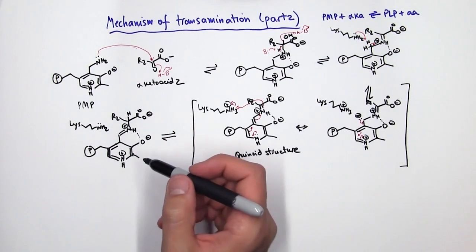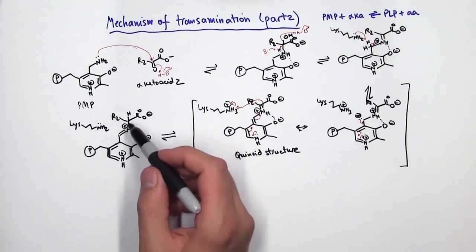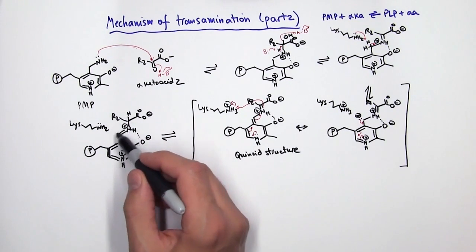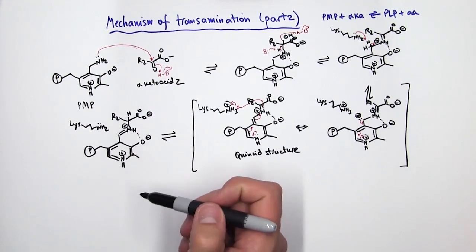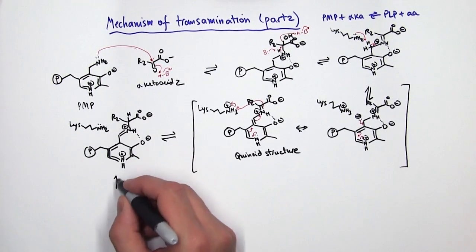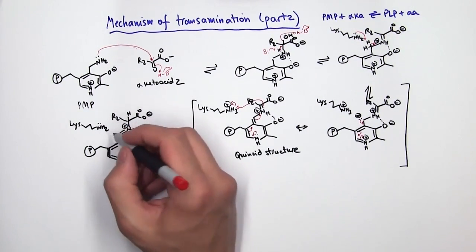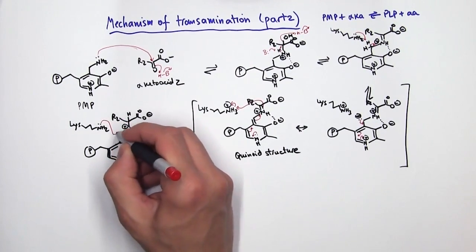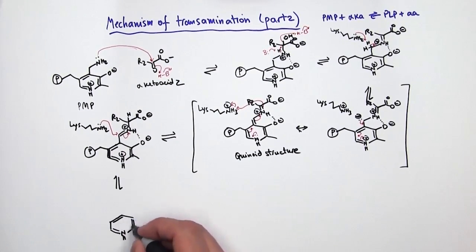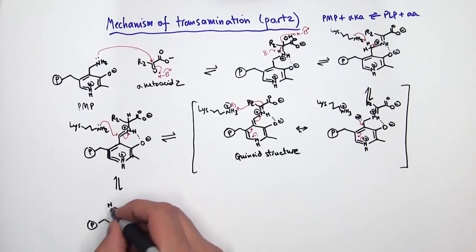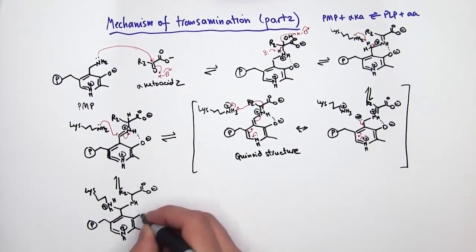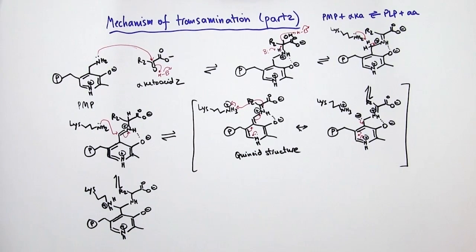So from here onwards, we're just going to substitute the amino acid bound to the PLP with the active site lysine in the transamination reaction that we saw before. So first, the lysine can attack this carbon, forming a tetrahedral intermediate.